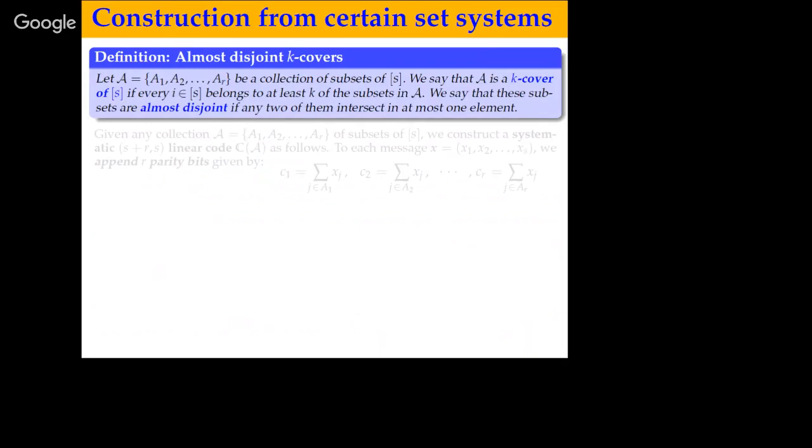Okay, now, let's switch gears. Here's a completely different construction of these K-server PIR codes that will lead us to Steiner systems and graph theory and constant weight codes. Okay? So to do that, I need a definition. Let me do a tricky question.